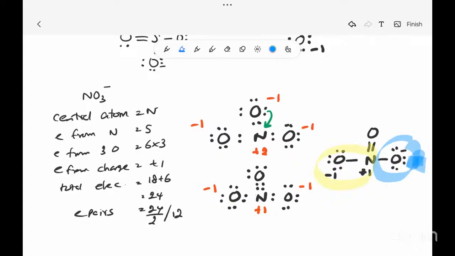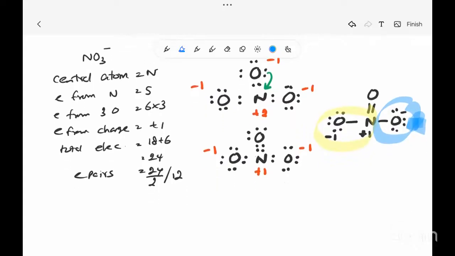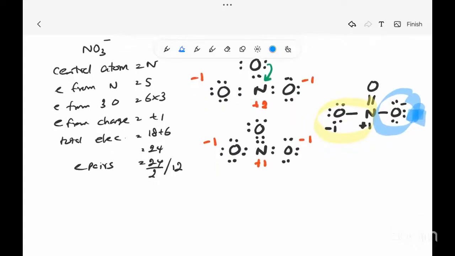Nitrogen OH double bond O. This is the dative bond. This was there, right? Then what has happened is this bond has been disassociated by taking both electrons towards the oxygen atom.